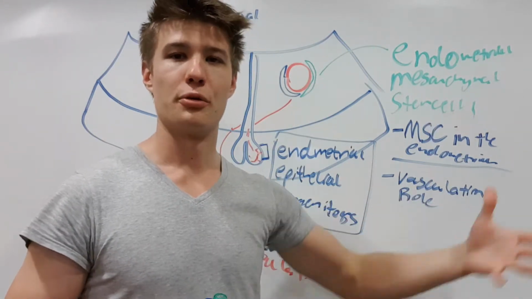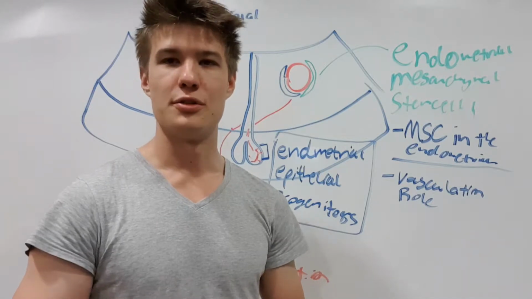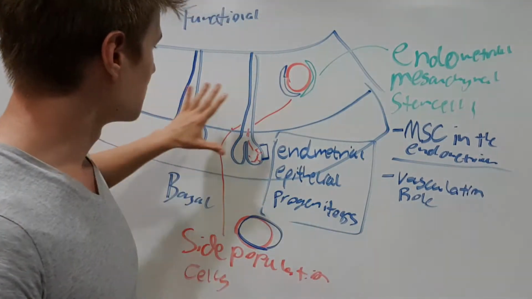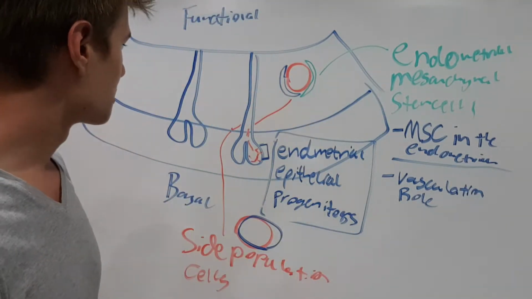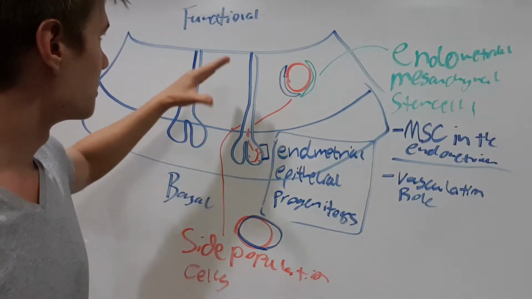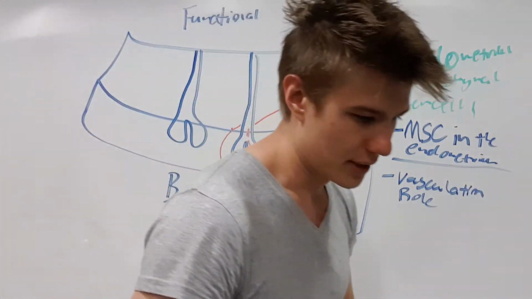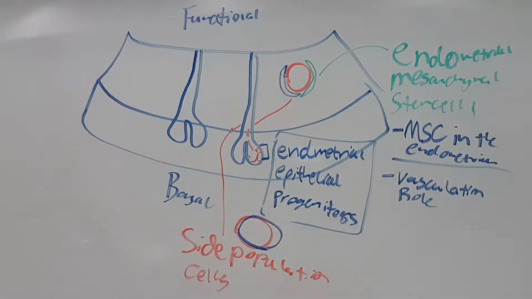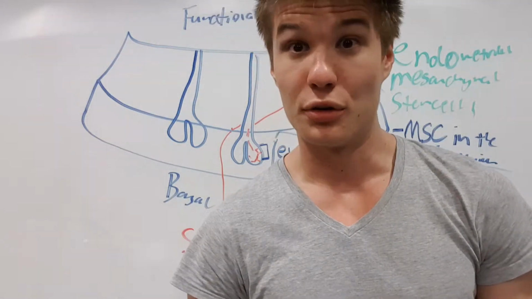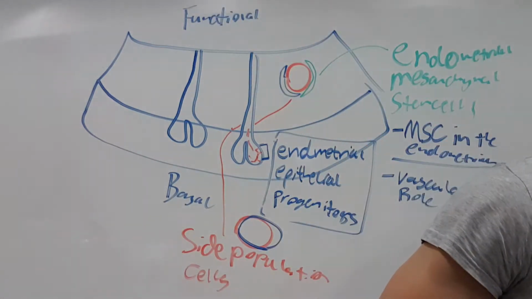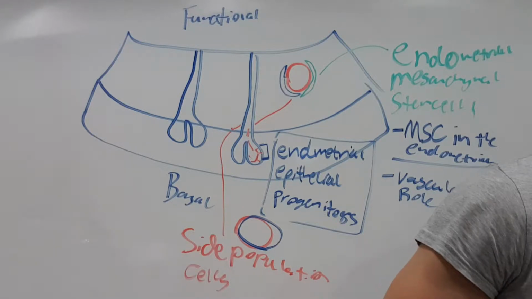Their later, more progressed cells will interact with those hormones and progress into the functional layer, or they will receive those signals. So these guys down here really don't interact with that system at all. They just kind of grow. And they interact with N-cadherin, so you can pull them out with N-cadherin. Side population cells, yep.